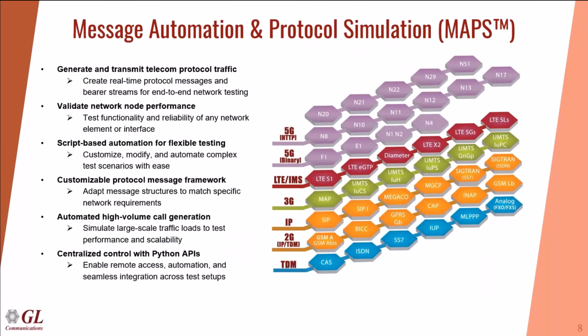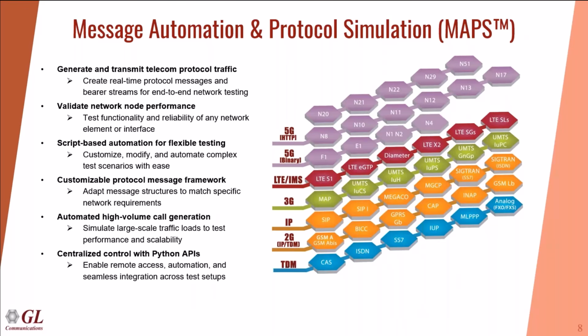Okay, so next, here we just explain what MAPS is capable of doing. With GL MAPS 5G emulation, we can emulate a complete 5G network. As you see, this is a common framework, enriched to support a wide range of protocols, starting from TDM to 5G now. Here we can emulate gNBs, all 5G core nodes, and UEs from the lab itself.